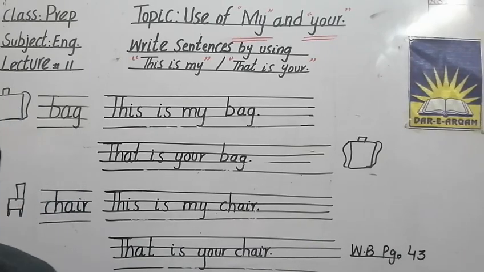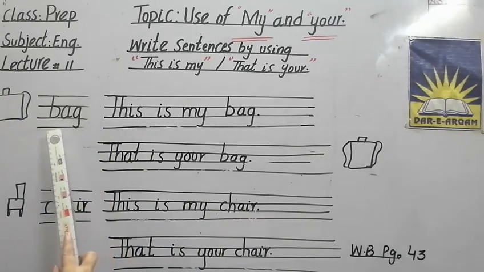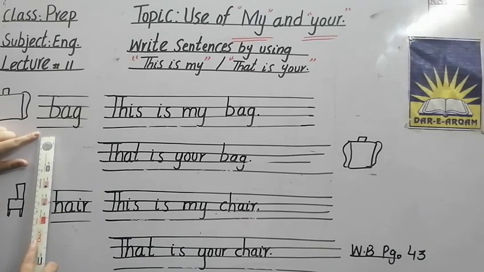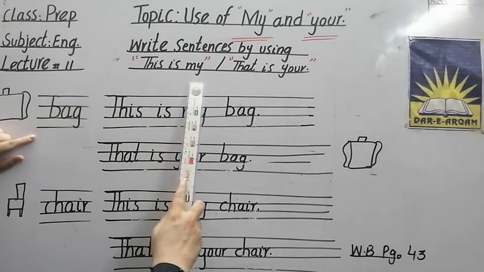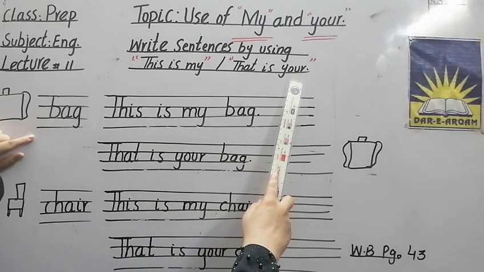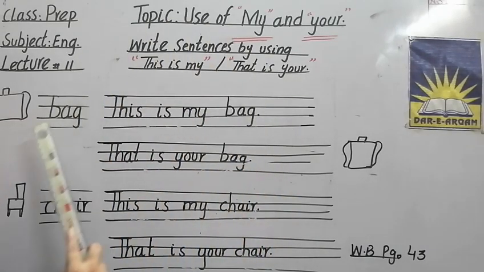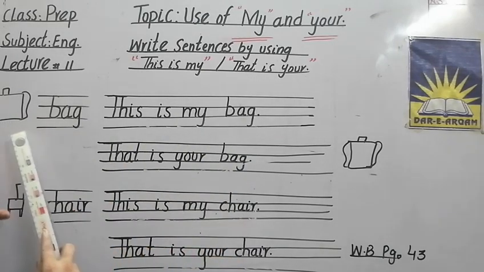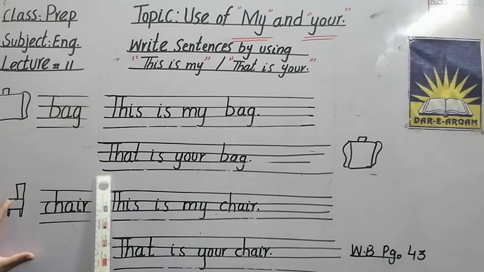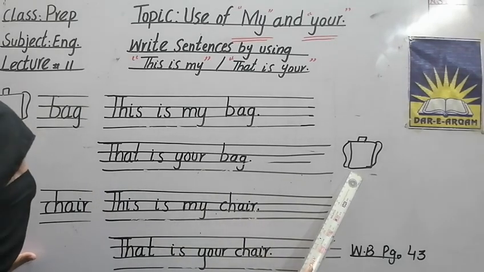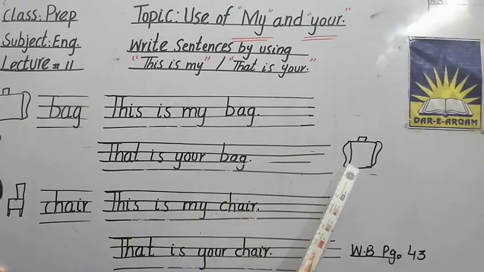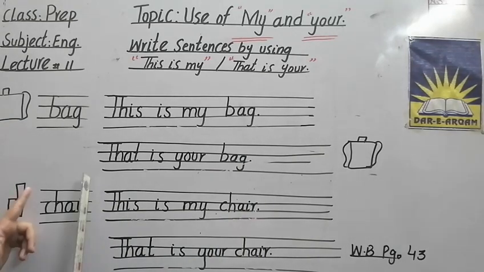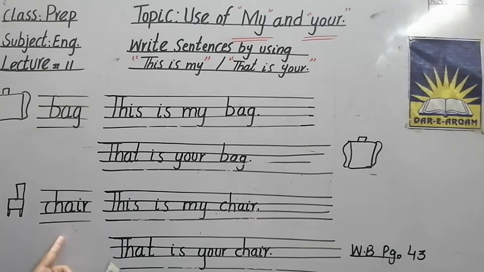Now I will repeat the lesson. The word is bag. We make our sentences by using this is my and that is your. This is my bag. That is your bag. And the second word is chair.